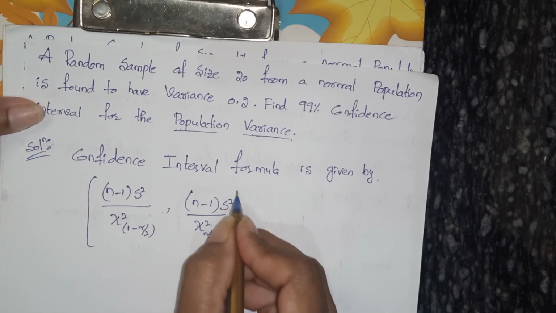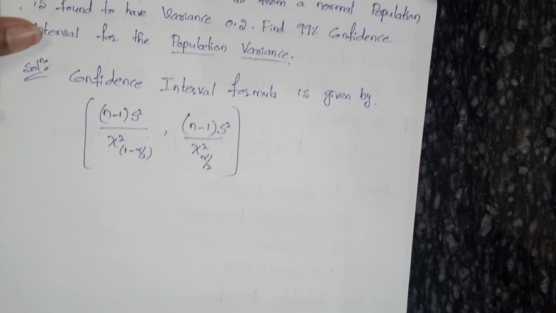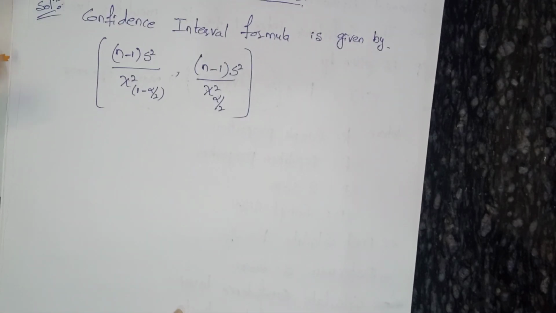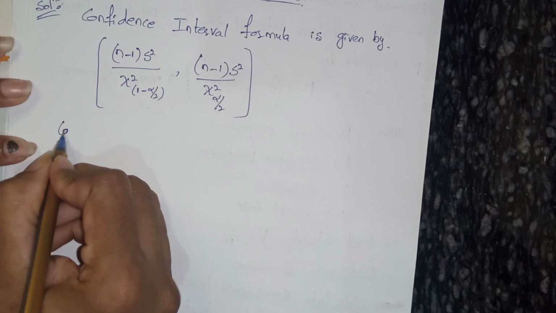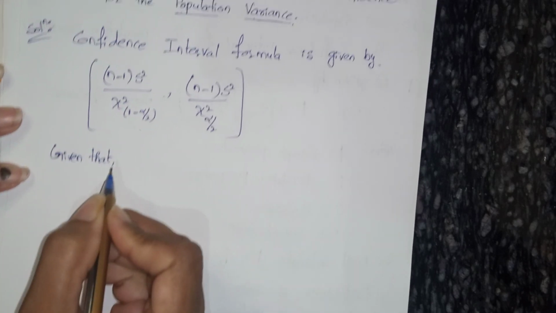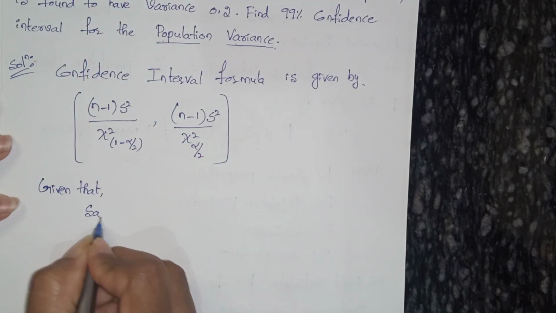So this is the formula to calculate the confidence interval when we come across population variance. Now we'll write the data which is given in the problem. Given that, sample size how much?